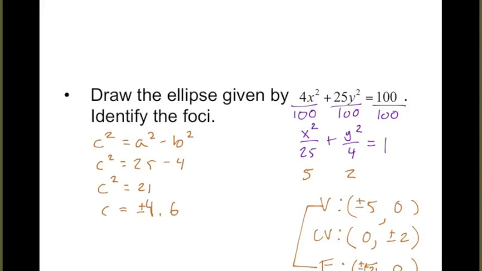So then to put all this information into a picture, for this lesson, we're always going to be centered at the origin. Under the x, when I took a square root, I got a 5. So I want to go 5 to the left and right.